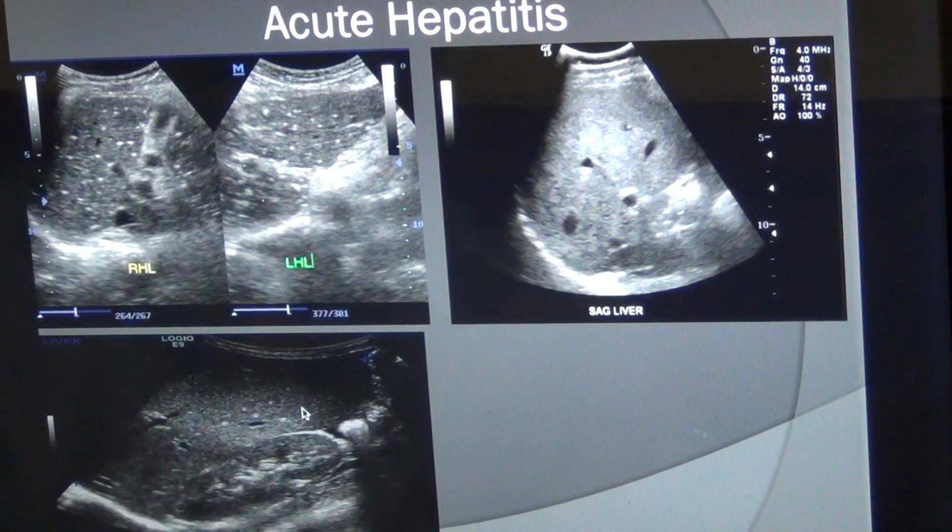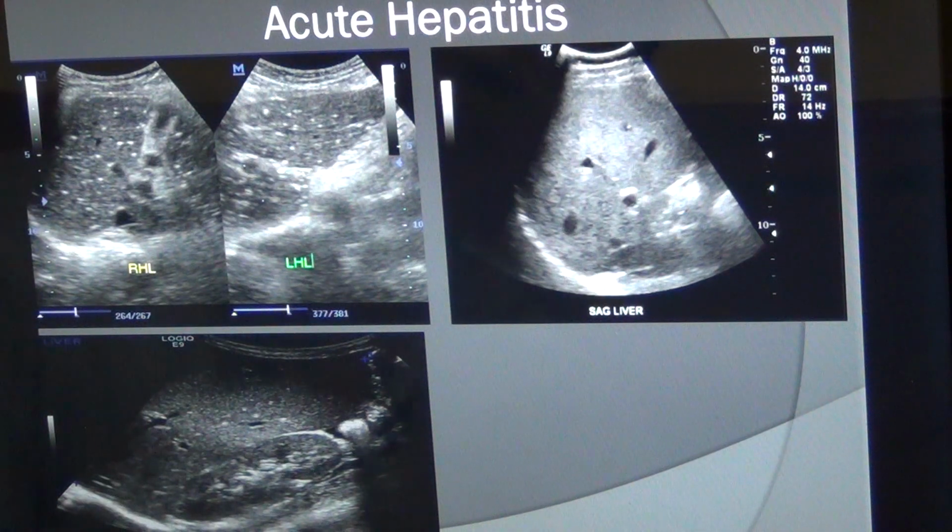Just look here, this is a very good image: in acute hepatitis the liver gets darker, more hypoechoic than usual. Then what happens is that the portal veins in the territory of the liver all get brighter, just like bright stars in the sky on a dark night.